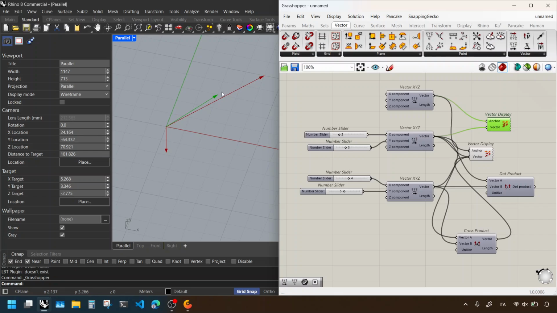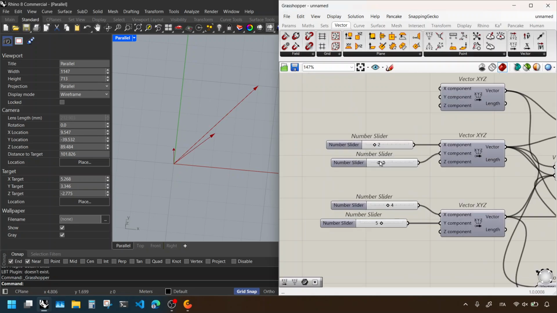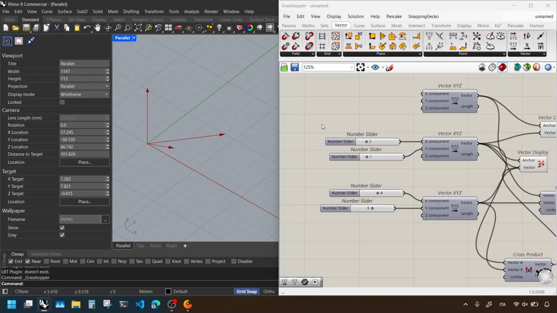As you see, if you move from A to B, you go in a clockwise direction, and since it's clockwise, the vector is pointing down, so it's what we expected. If you change the A vector to be lower, let's make it like this, then from A to B you go counterclockwise, so it's pointing up, as one would expect.